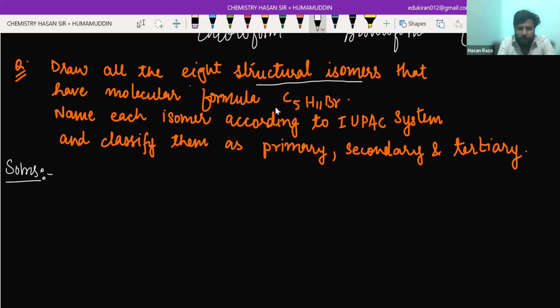So I'm going to draw this. 5 carbon is there. So I'm just drawing 1, 2, 3, 4 carbon, 5 carbon, like this.